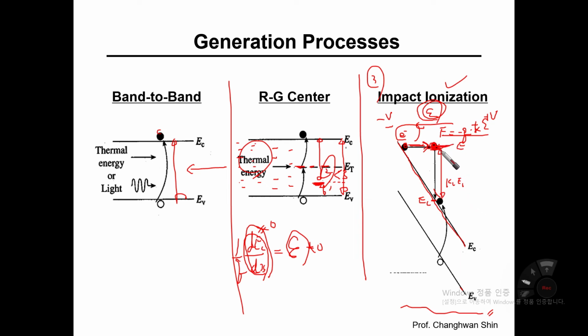Suppose that at this position, x of L, the electron has hit a silicon atom, or phonon, the vibrating silicon atoms, and is going to lose its velocity. In other words, it stopped. Once it is stopped, its velocity is zero, so kinetic energy is also zero, so there is no energy difference.